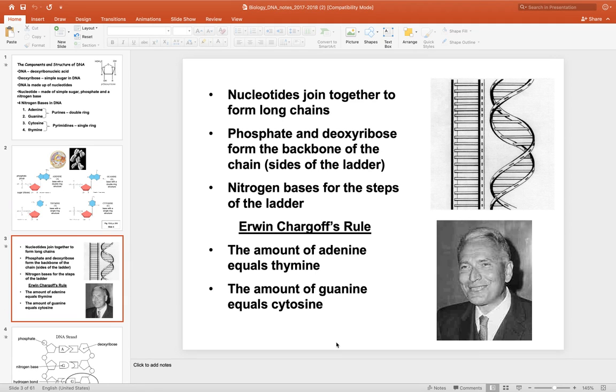Let's say, for instance, that thymine is equal to 10%. Well, if thymine is equal to 10% and adenine and thymine are equal to each other, that means that adenine and thymine both must be 10%. So that adds up to 20%. Now, how do we figure out cytosine and guanine?